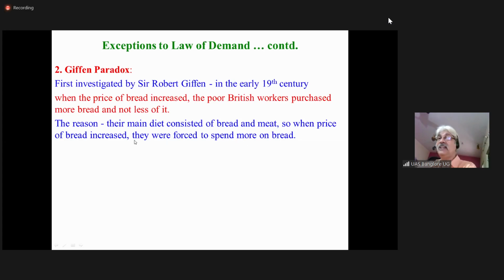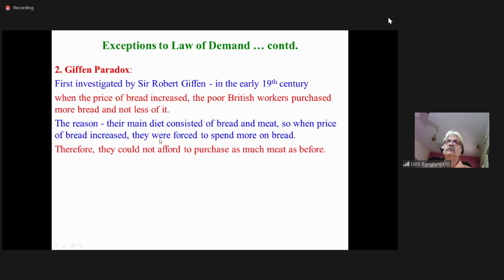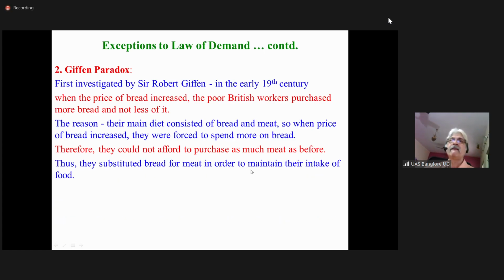So when price of bread increased, they were forced to spend more on bread because they could not afford to purchase the same quantity of meat as they were purchasing earlier. Therefore, they could not afford to purchase as much meat as before. Thus, they substituted bread for meat in order to maintain their intake of food.